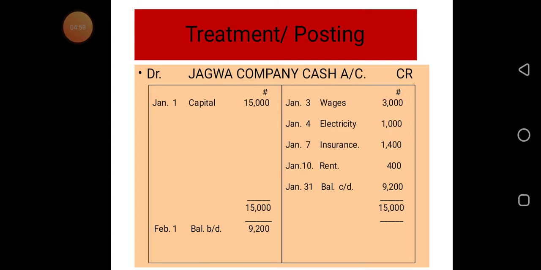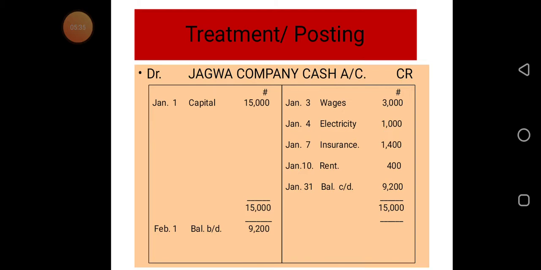In this case, money is going out, so the giver here is on the credit side, because the credit side says the giving account should be credited. The wages here is the account that is given to, so it has a value of 3,000 naira. Electricity as well is receiving value. So money is going out from Jaguar. That's why it is being credited.